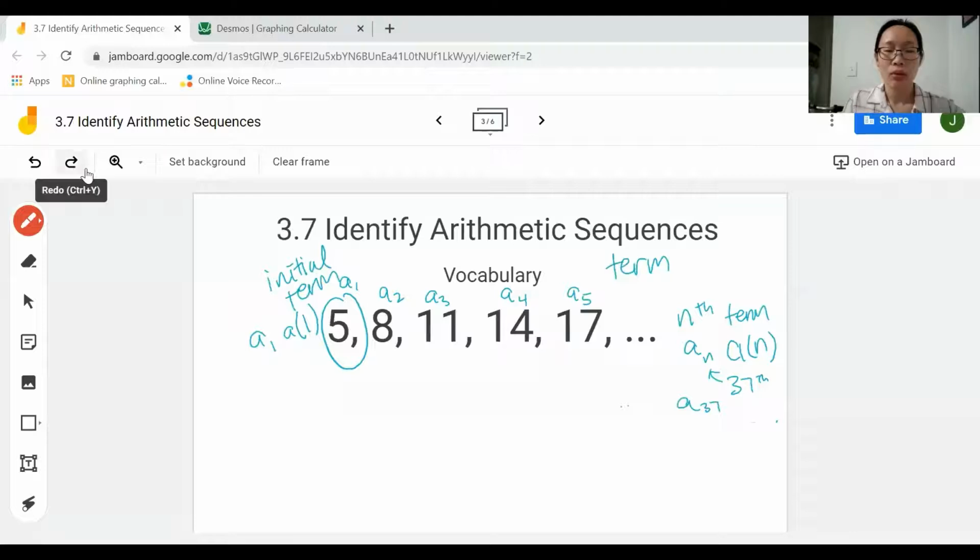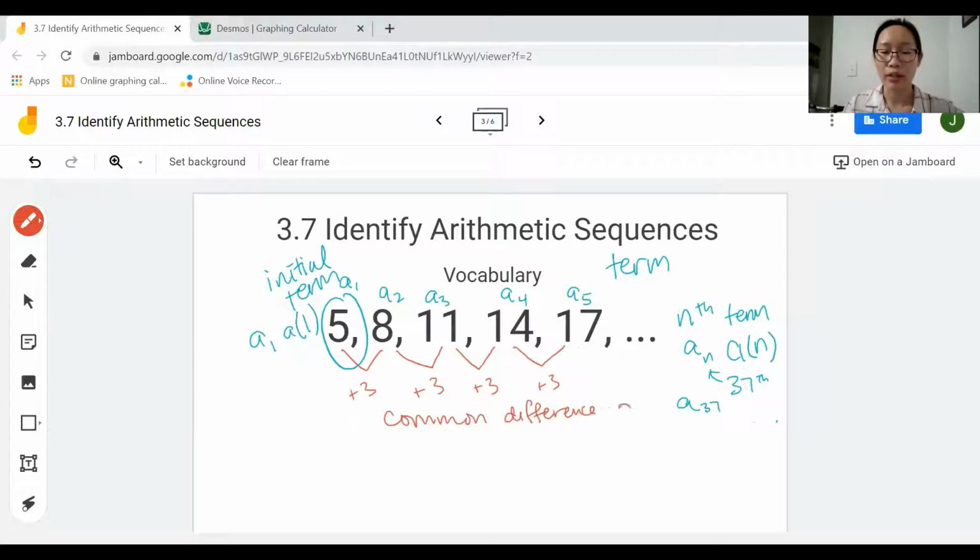So for example, if the question asks, I want to find my 37th term, then this would be a sub 37. When I look at terms that are consecutive or right next to each other, the amount that they change by, in this case, by adding 3, is called our common difference, or the letter d. This common difference is related to the rate of change that we learned about in lesson 3.2.